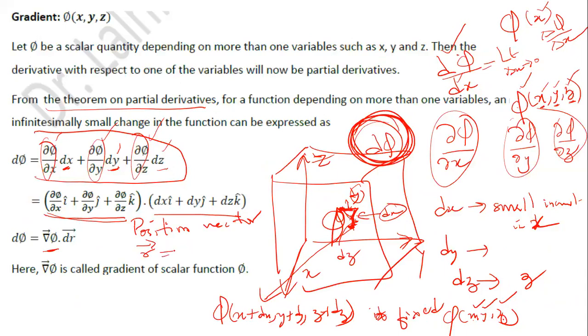In a Cartesian three-dimensional space, the R vector is xi plus yj plus zk. Okay. Now, changes in the position vector, dr vector, are written like this: dx i plus dy j plus dz k vector. So small incremental changes in the position vector are given like this.